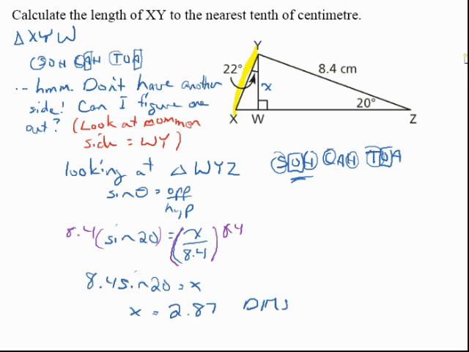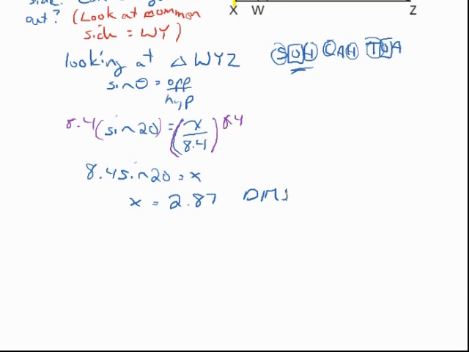Now I need to go back to my other triangle. So I'm back to triangle WXY, and I'm talking about angle Y, SOHCAHTOA. So I know the angle, so I can circle the sine, cos, and tan, and I'm looking for the hypotenuse, and now I know the adjacent. So we're going to use cosine.